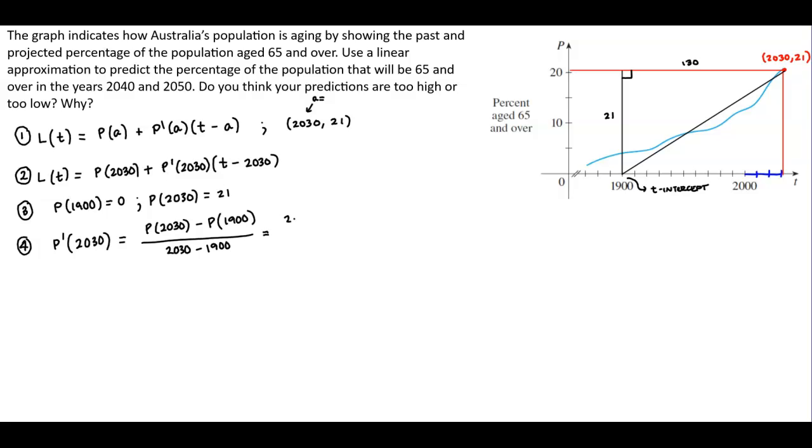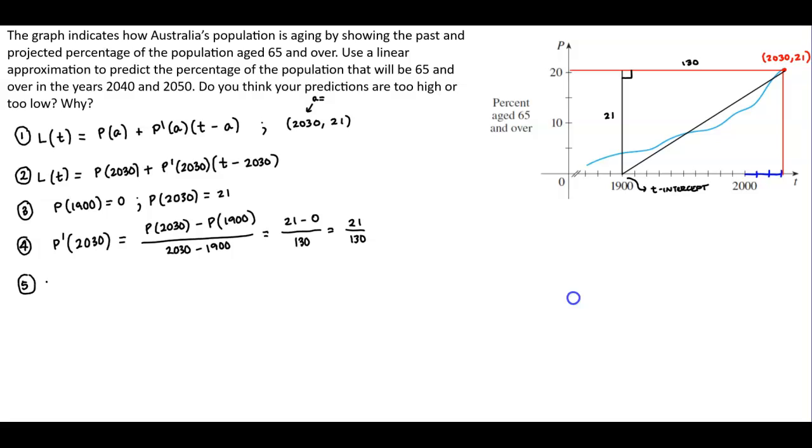That's 21 minus 0 over 2030 minus 1900, which is 130. So we have 21 over 130 as the slope.